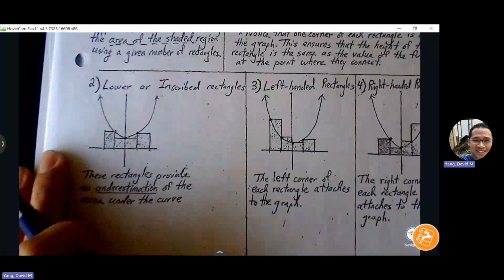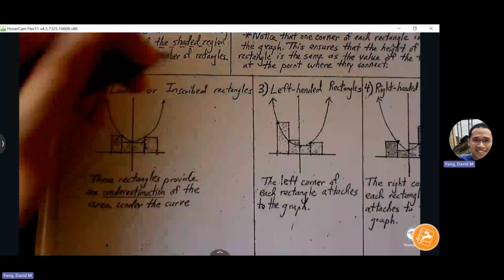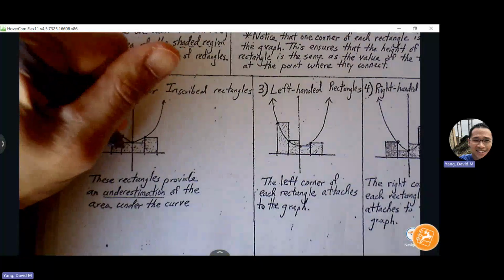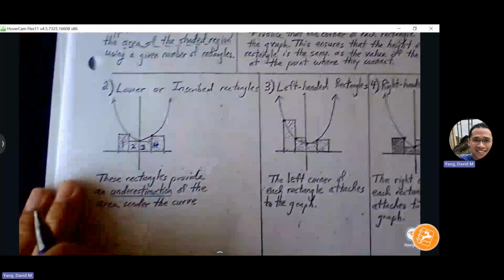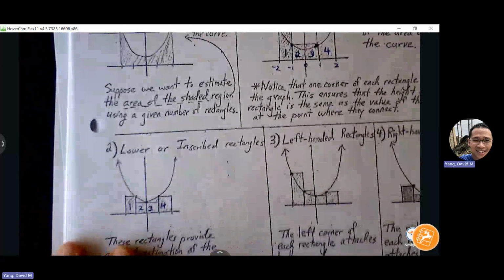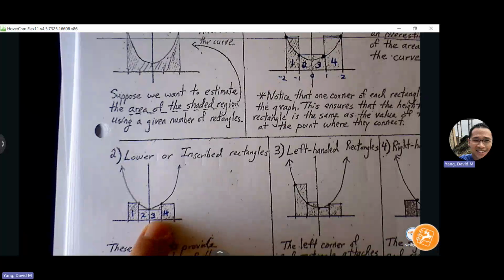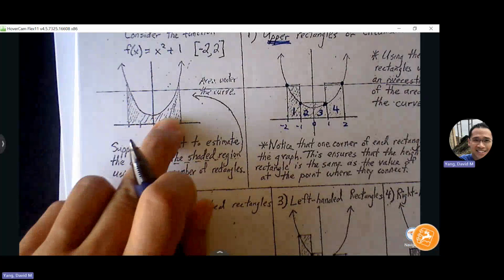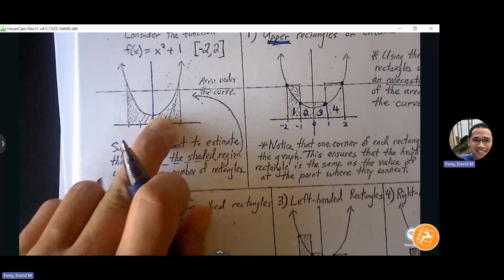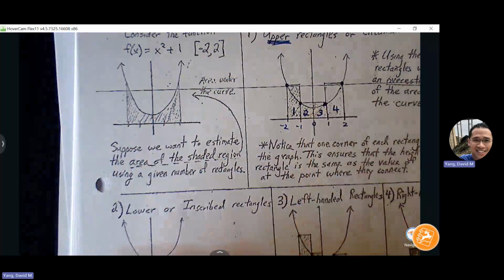Next up, what if we want to do a lower or inscribed rectangle? This is where we purposely want every rectangle to be below the curve because we want to guarantee an under approximation of the area. You can tell that the area of this region is going to be less than the actual area, and obviously less than the over approximation.